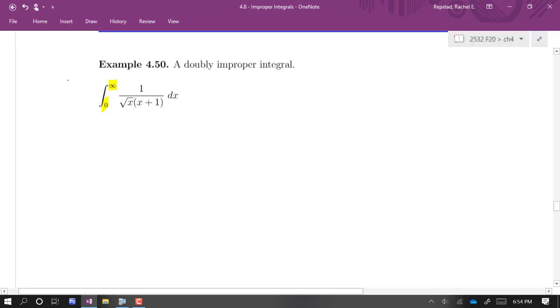So we have to approach these two problems kind of separately. I guess we can do them in parallel. But there's an infinite discontinuity at 0, and there's an infinite limit of integration. I can only apply one limit at a time, right? So what we're going to do is split up the interval at a convenient spot.